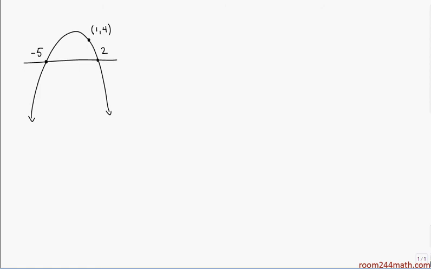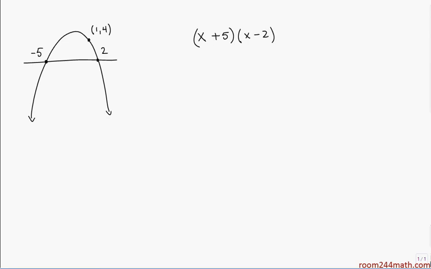So the 0 of negative 5 corresponds to a factor of x minus negative 5, which we would write as x plus 5. The 0 of 2 corresponds to a factor of x minus 2.